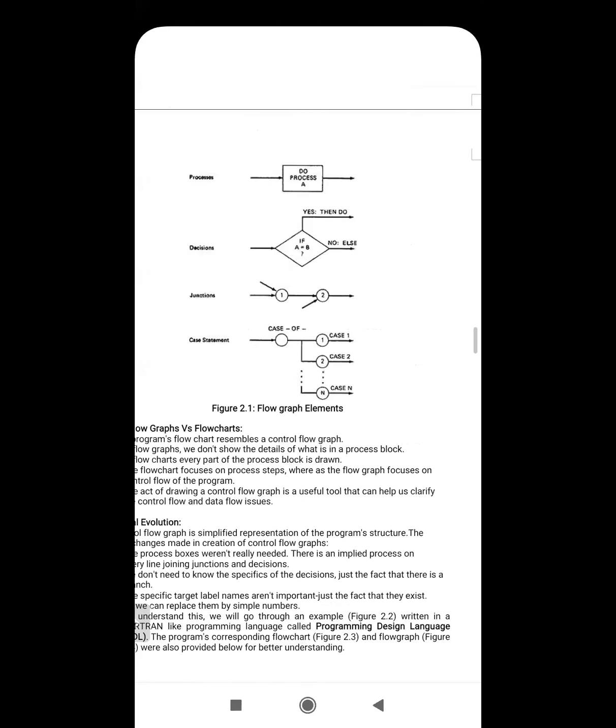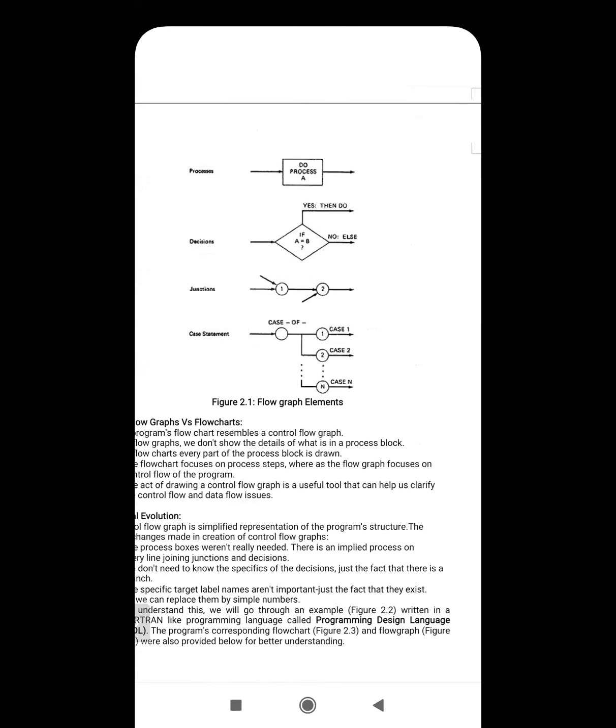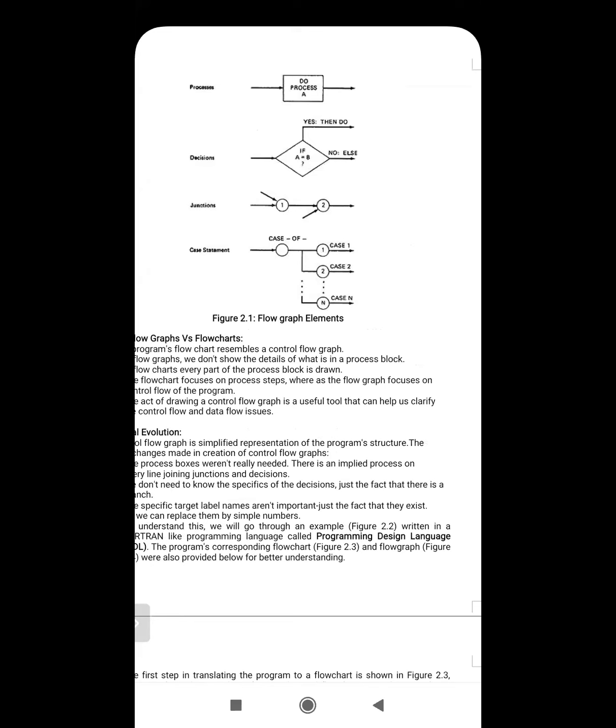Next, see this program, do process. The process is nothing but, what is the definition of a computer? A computer is an electronic device which takes an input, processes the data, and gives the output.